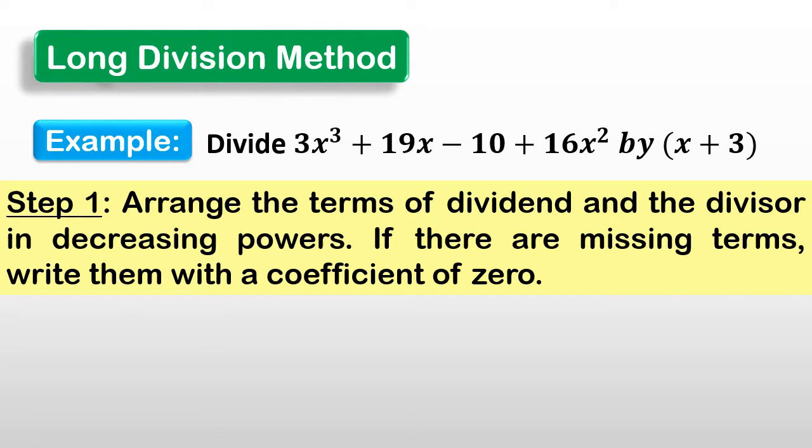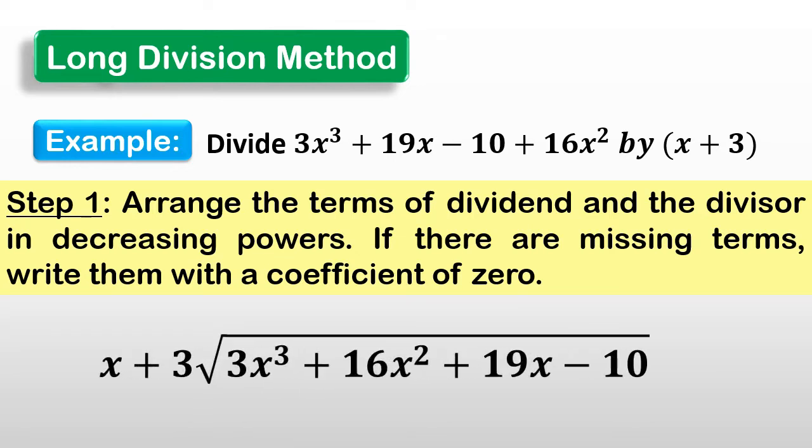So, ang magiging dividend natin sa ating problem is 3x cubed plus 19x minus 10 plus 16x squared. So, ang first step na kailangan natin gawin ay to arrange natin according to its power.